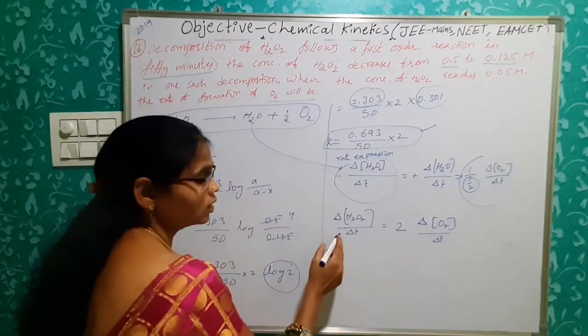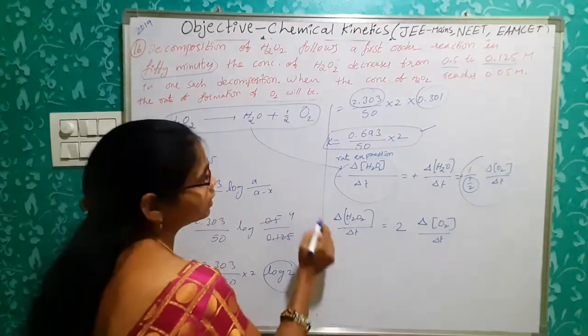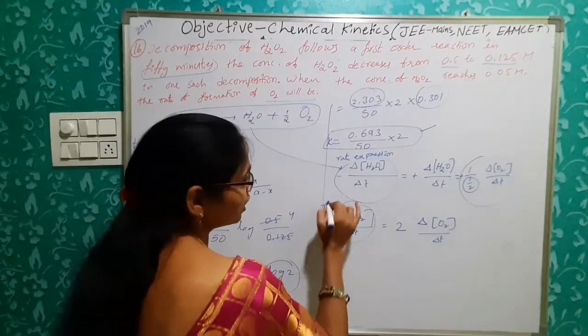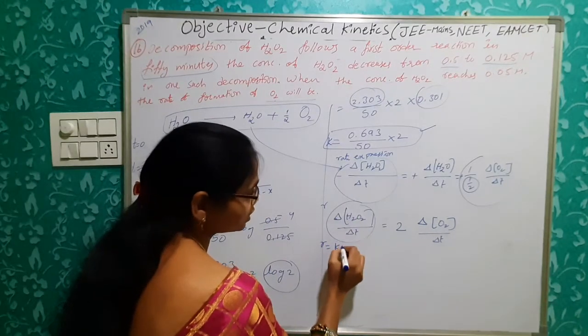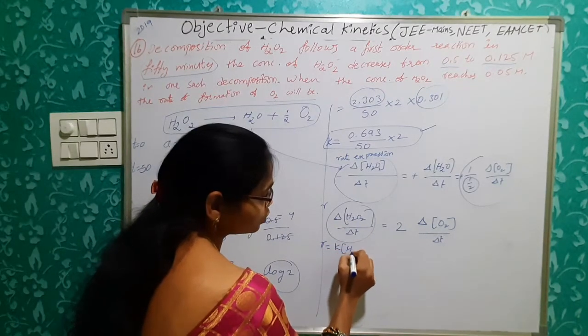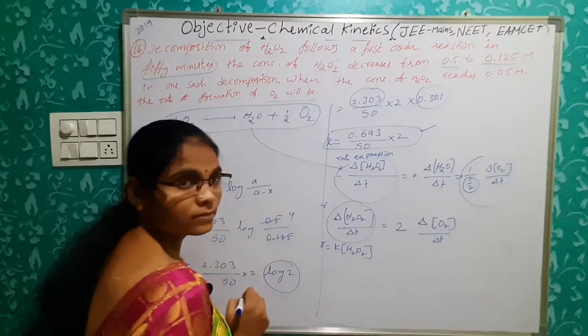Now this is also written as rate R. R is nothing but K into concentration of H2O2.